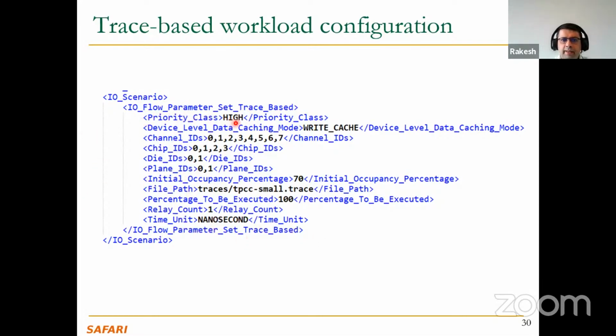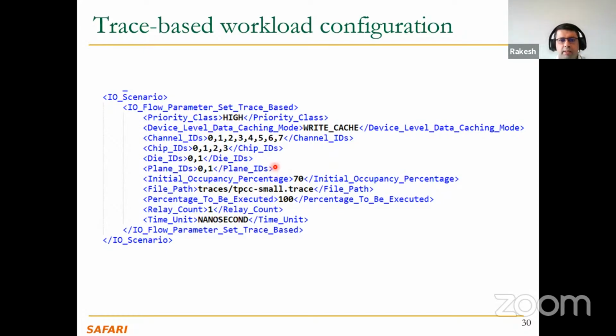Some of the parameters that we need to provide are the priority class. So we can define the priority for the host side IO requests, and we can also define the data caching mode, which here we define as write cache. And we also need to provide the channel IDs, chip IDs, die IDs, and the plane IDs on which the workload or the experiments have to be performed.